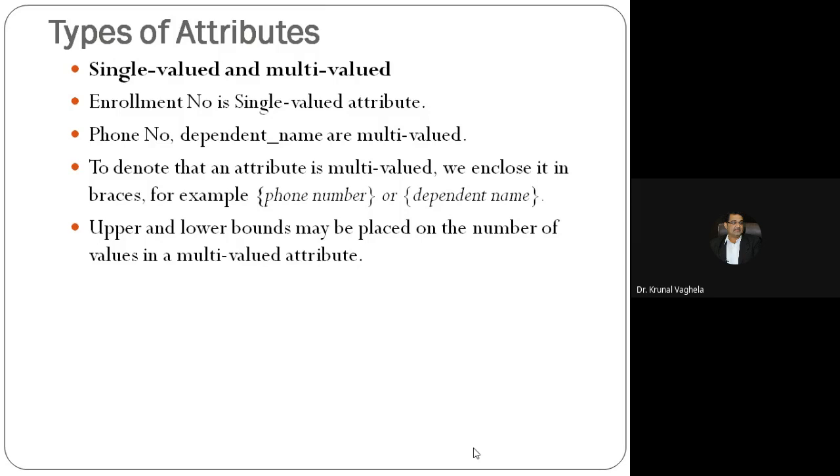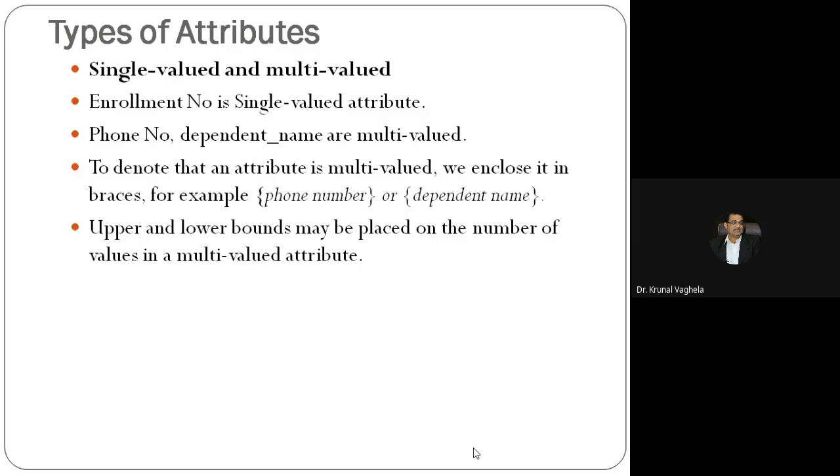Then dependent name. Whenever you are taking some policy or medical insurance, they ask for your dependent names. So a person can have 0 dependents, 1 dependent, 2 dependents. For example, in my case, who are my dependents? My wife and my kid. In another case, my mother and my father. So these are dependents, these are multi-valued attributes. Why are we learning this?